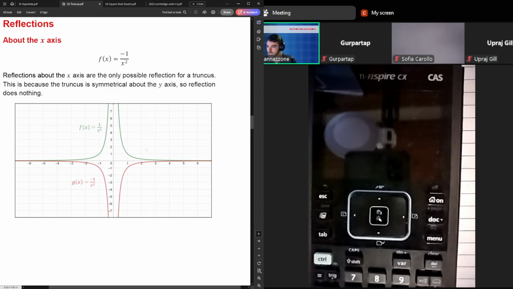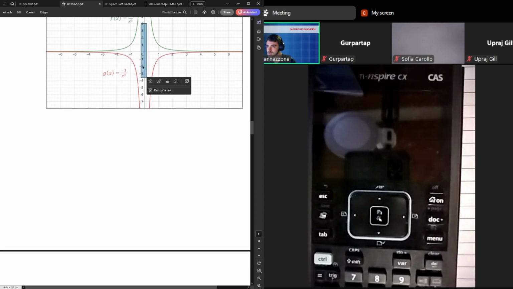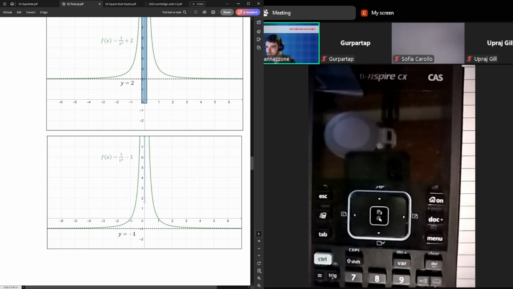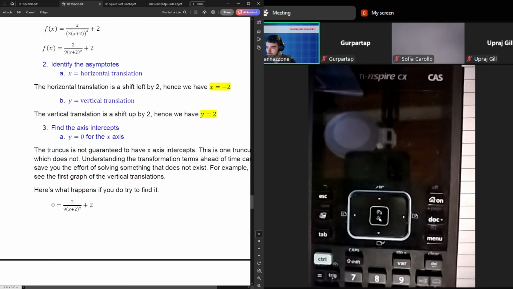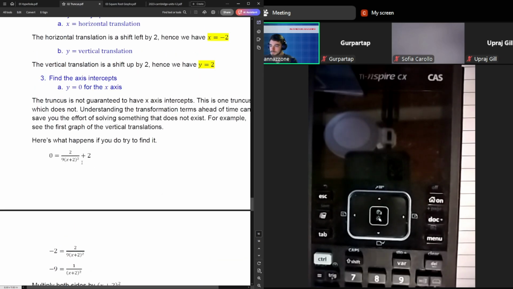The only times you won't have a y-intercept would be with the default one, and any vertical only transformations. You can see there's also asymptotes here. So look at these vertical ones only. You're never actually going to touch that. But if you do try to find it anyway, you'll just run into an issue where you're trying to square root a negative number.